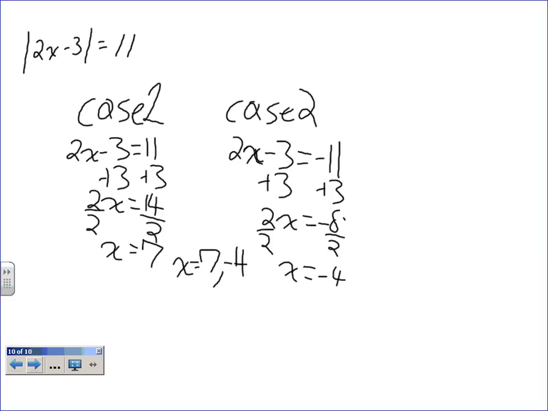Perfect. Thank you, Zach. That was Zach Mesner, ladies and gentlemen. All right. Case 1, case 2 for every problem, okay? For your homework tonight, and remember what I told you guys, we're going to spend a couple of days on this.